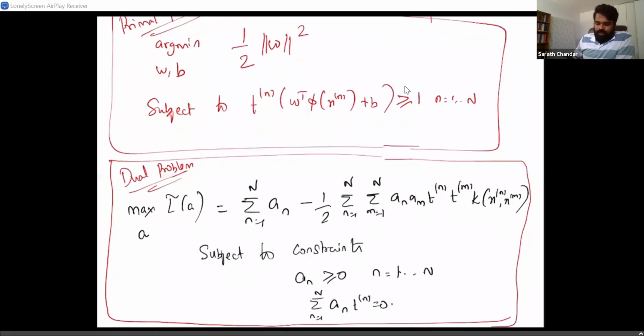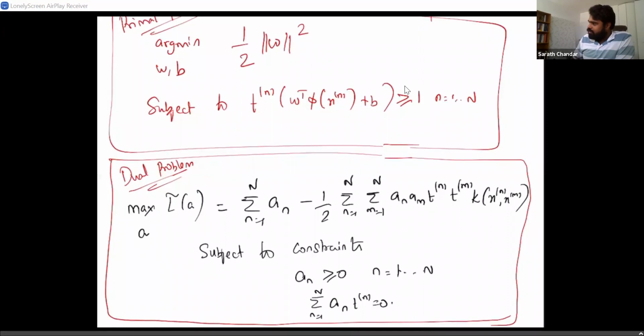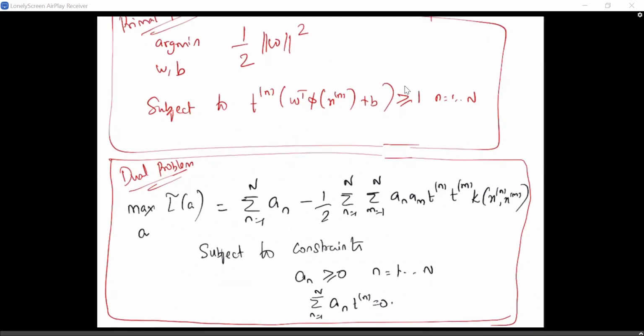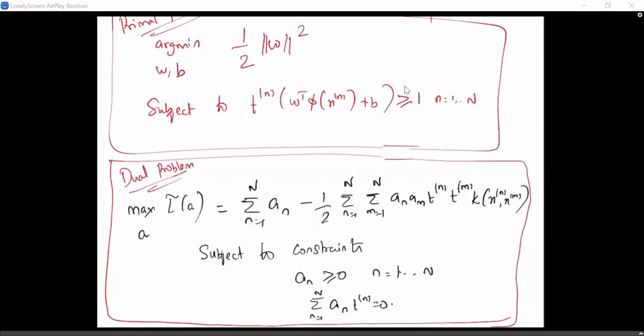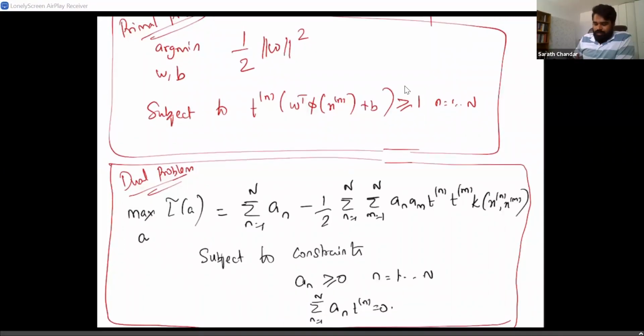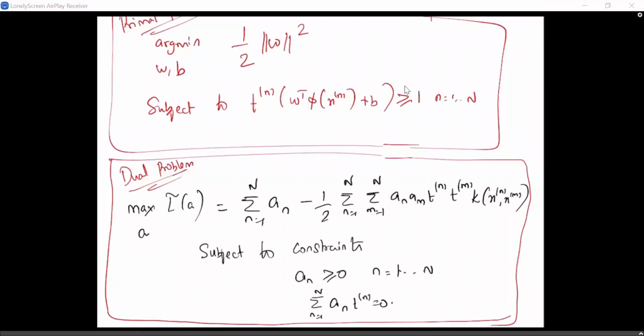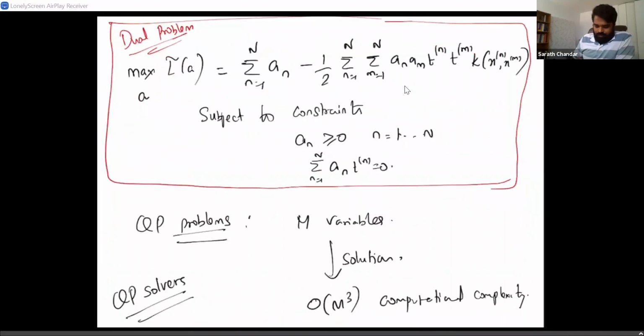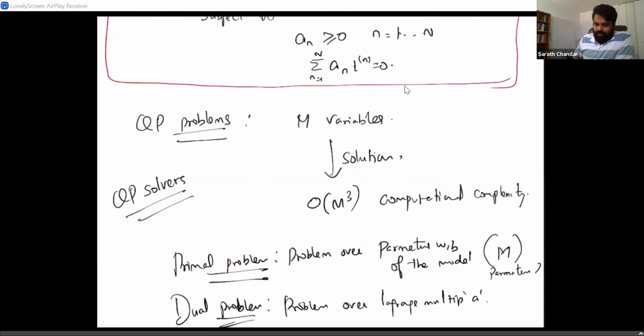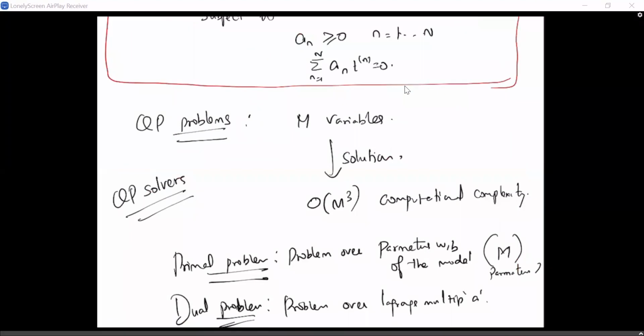Can you repeat your question? When you are describing the computational complexity to solve a quadratic programming problem. Yeah, here. You said it's order of m cube, so the complexity is only in terms of number of variables. So I can have any number of constraints.